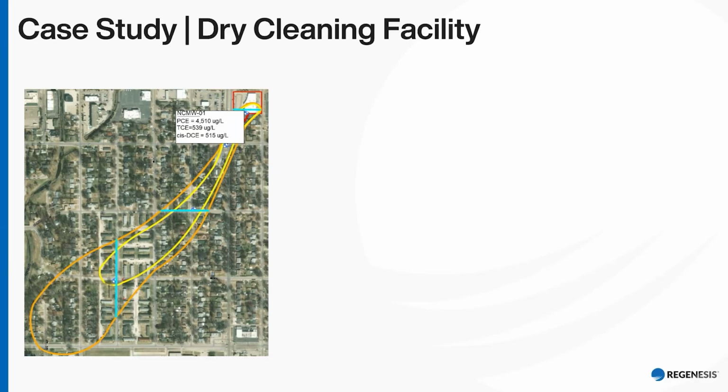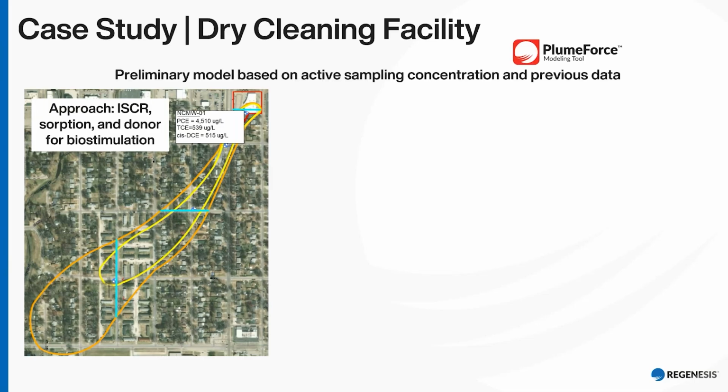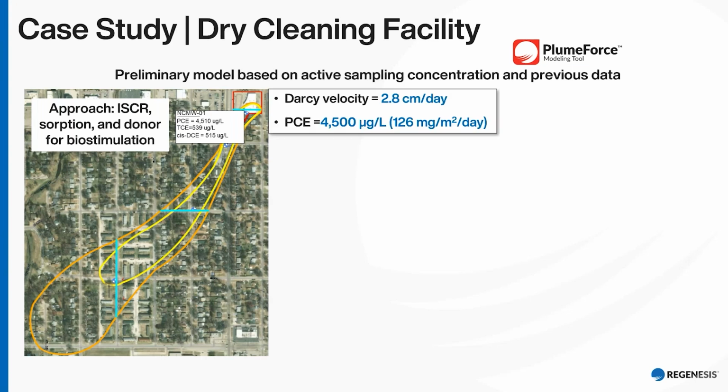The first approach is to look at the active sampling and the estimated Darcy or seepage velocity and calculate an estimated mass flux. For this, the approach was in situ chemical reduction, sorption, and a donor for biostimulation. We use this active sampling data first with our PlumeForce modeling to estimate the dosing at a given longevity.